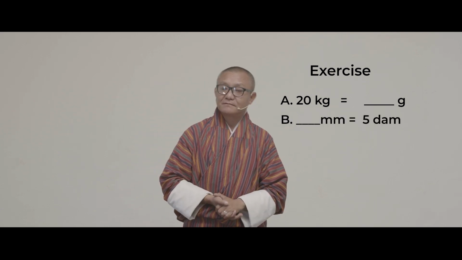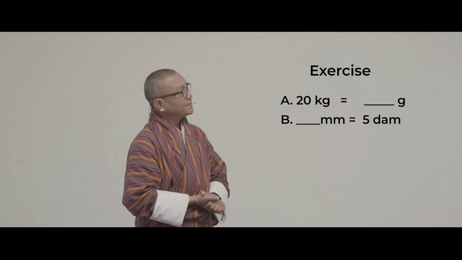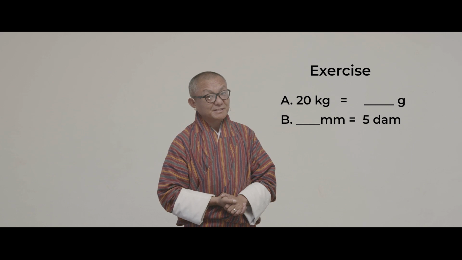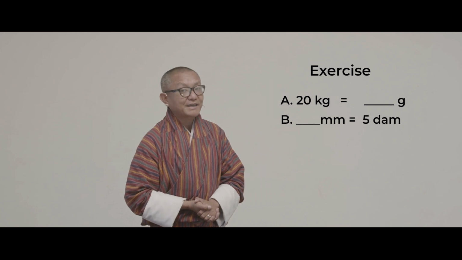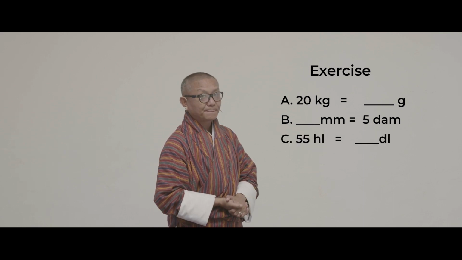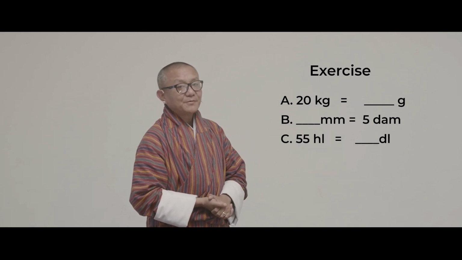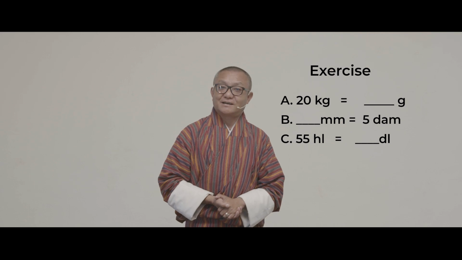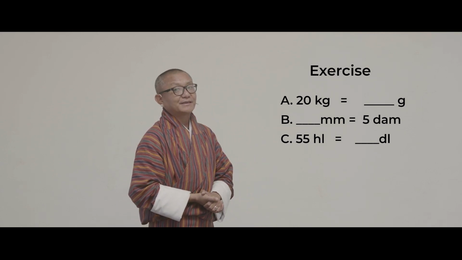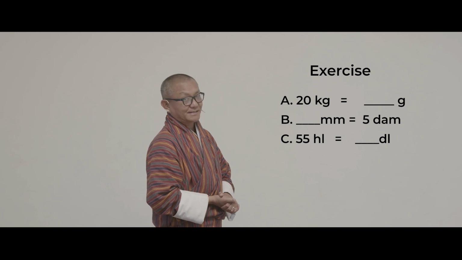Question B, how many millimeters will give you 5 decameter? C, 55 hectoliter is equal to how many deciliter? So please do on your own, okay?